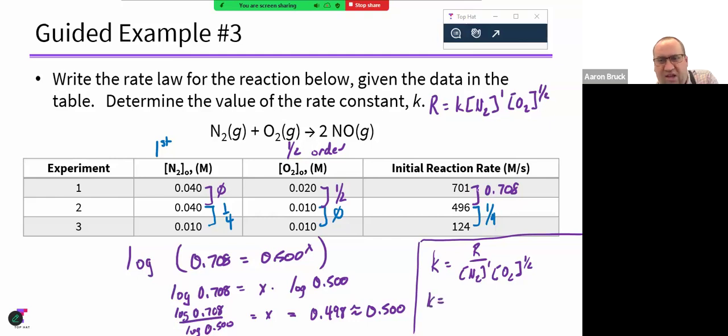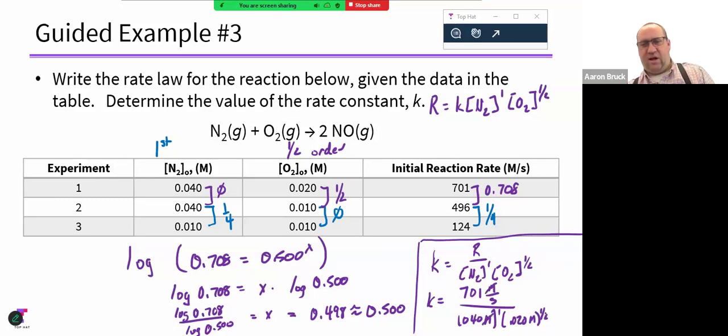So just taking values from run 1 here, 701 molar per second, 0.04 molar to the first, 0.02 molar to the half. This does get messy. The molar cancels.